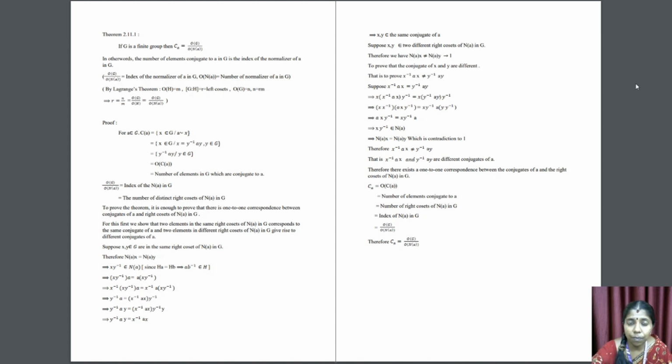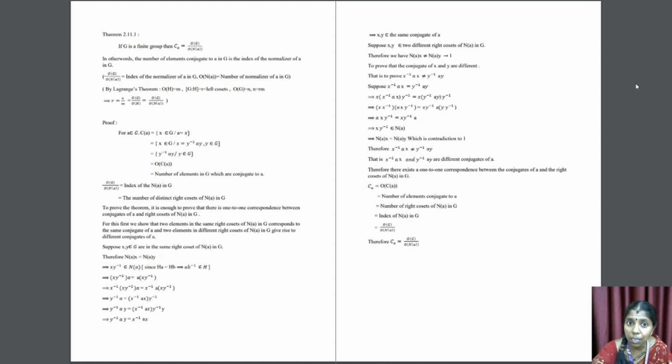In other words, we use the index of the normalizer. Why do we use that word? First, order of G by order of N(a) equals the index of the normalizer of a in G. By using Lagrange's theorem, if order of H equals m and order of G equals r, then r is the number of left cosets.